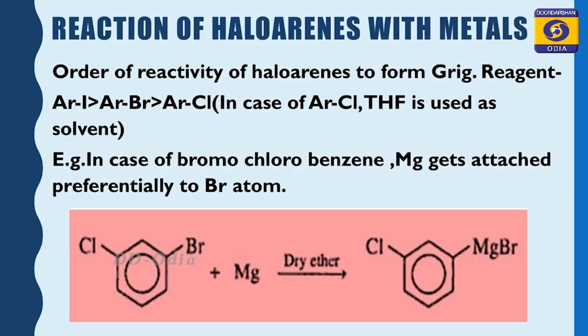Suppose we have taken C6H5I, then it will react at a higher rate in comparison to C6H5Cl to form the Grignard reagent. Also, you may remember that in the previous two cases, in case of iodide and bromide, we use dry ether, whereas in case of a chloride, we use tetrahydrofuran as the solvent.